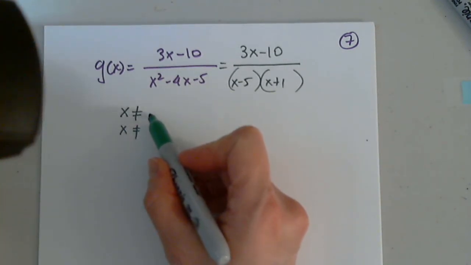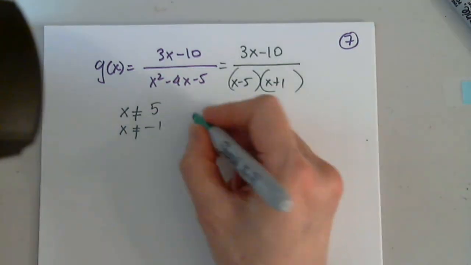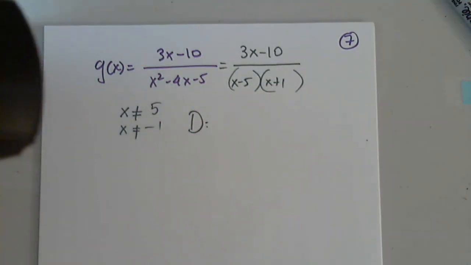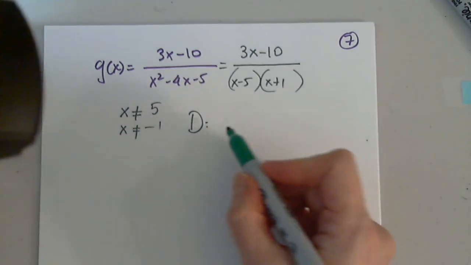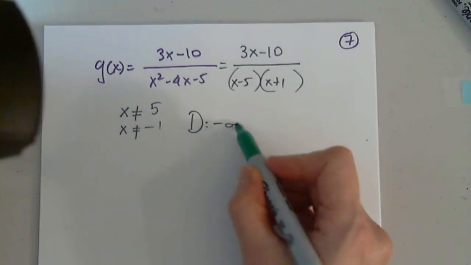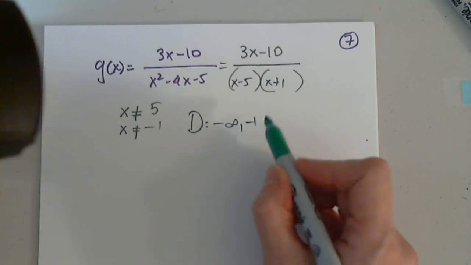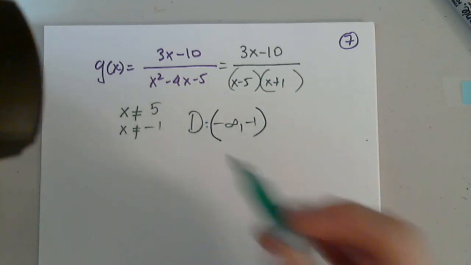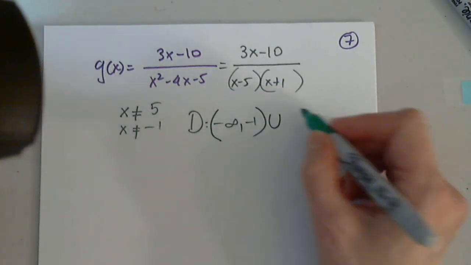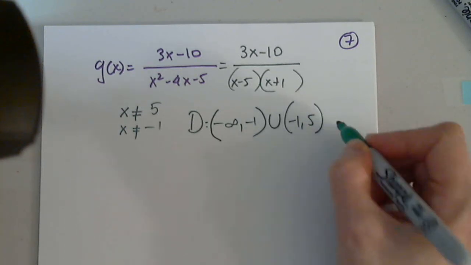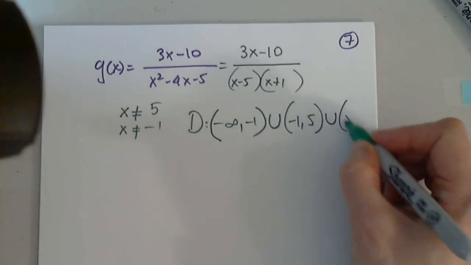X can't equal 5 or negative 1. Very good. Finally, the domain in interval notation, and then we'll stop. Negative infinity to negative 1. Very good. And then negative 1 to 5. Awesome. And then 5 to infinity. Great job.